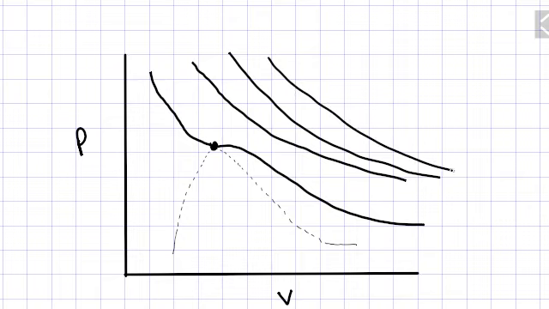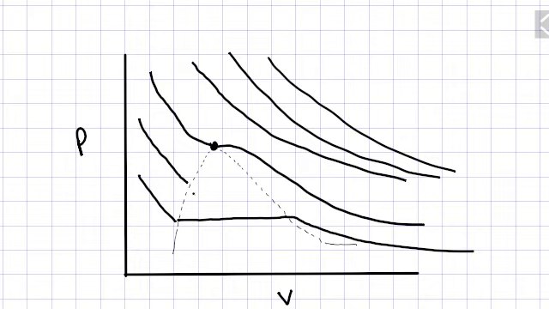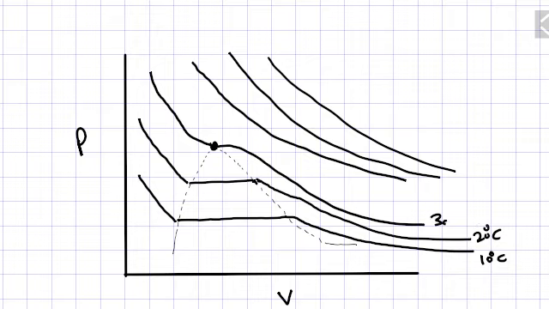The isotherm for this region you will show like this, a horizontal line like this, and then this isotherm will come this way, and here also you can draw this isotherm this way. So you should learn how to draw this curve. And the temperatures can be like this is 10 degrees centigrade, this is 20, 30, 40, 50 degrees centigrade. This way temperature increases and pressure also increases.